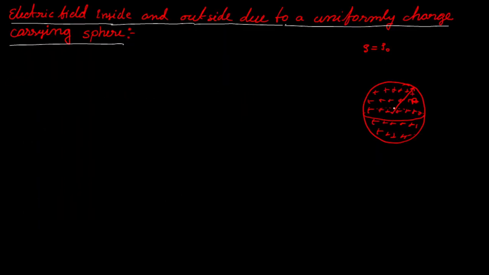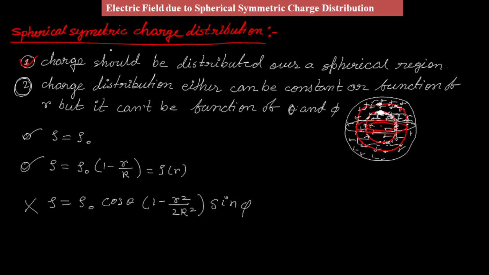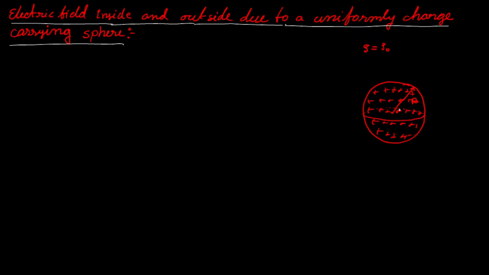Here you can see charge is distributed over the volume of a sphere of radius R. Second, rho is either constant or a function of r only. In this case, it's uniform, meaning constant over this volume. That means this charge has spherical symmetry, so we can use Gauss law to calculate the electric field due to this charge.